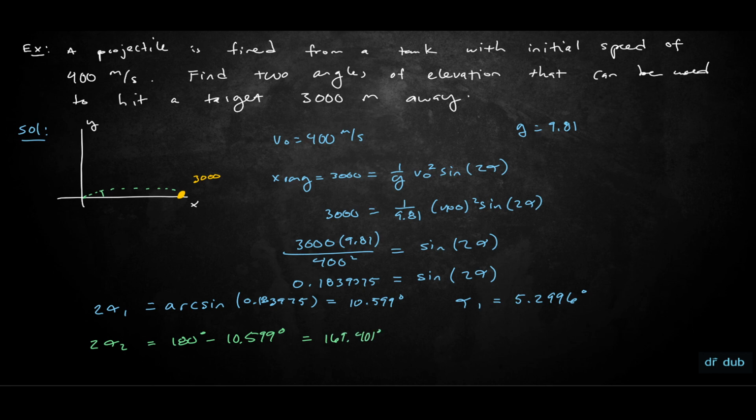Dividing that by 2, alpha 2 is 84.7005 degrees. I could have just done 90 minus the previous angle, but that gives something closer to vertical, and that will also hit the target 3,000 meters away.